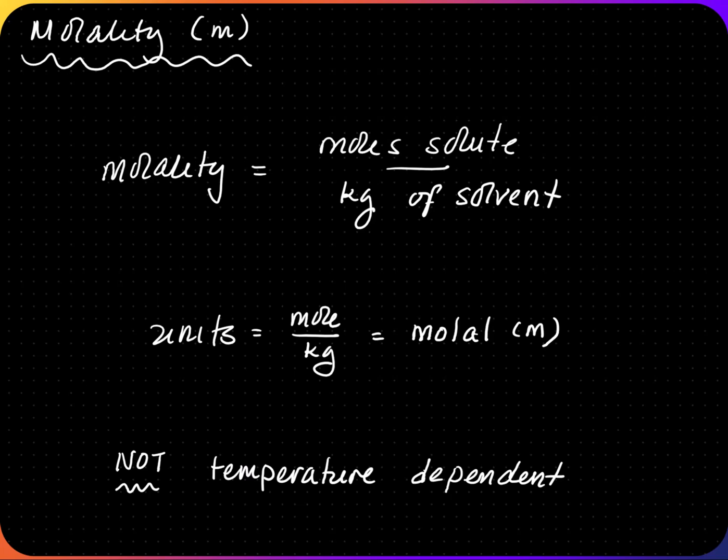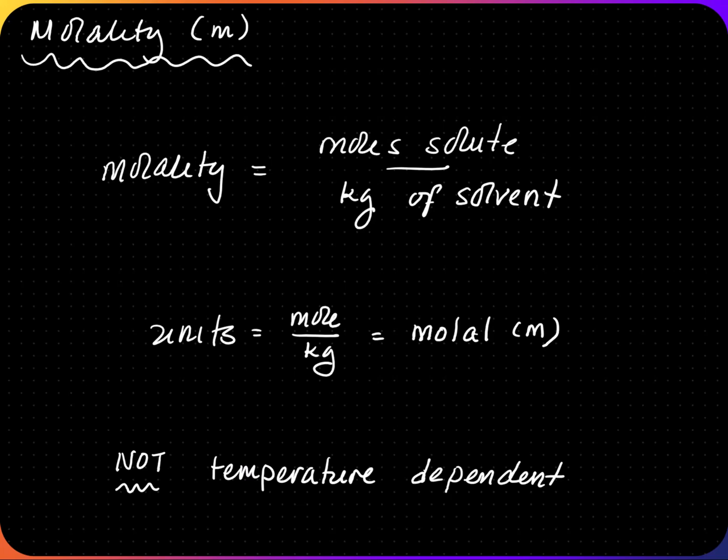Molality is another expression for concentration. It is little m. Molality is equal to moles of solute over kilograms of solvent. Please note, between molarity and molality, it differs by 1 letter. Molarity is a capital M. Molality is a little m.